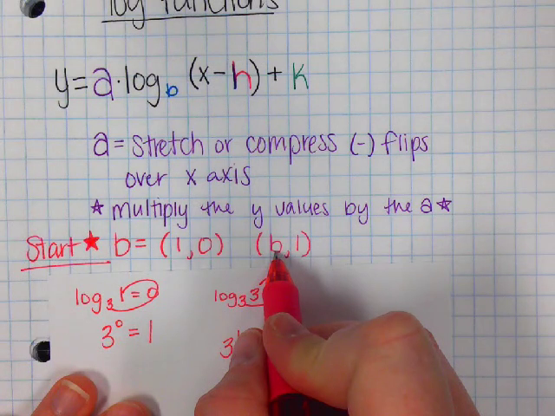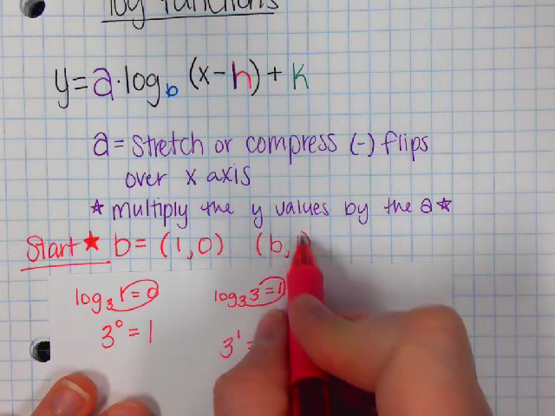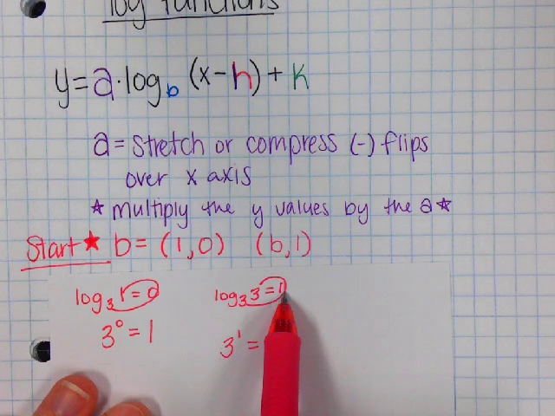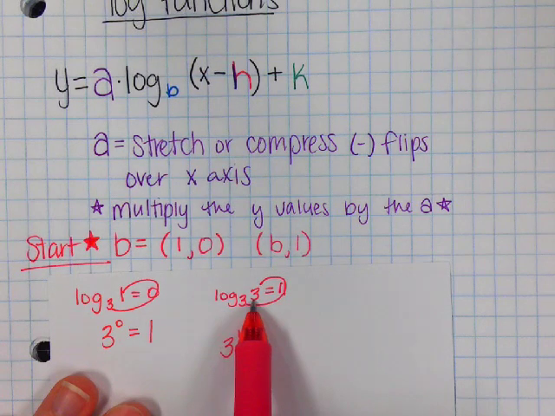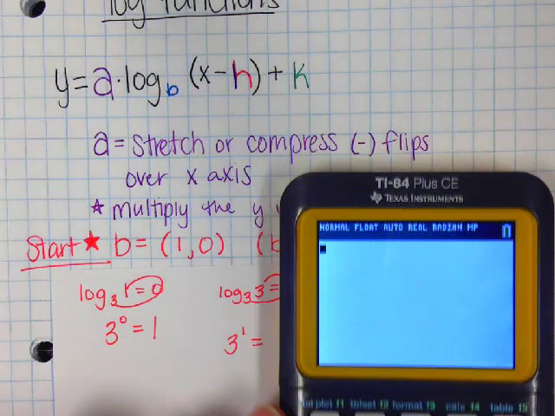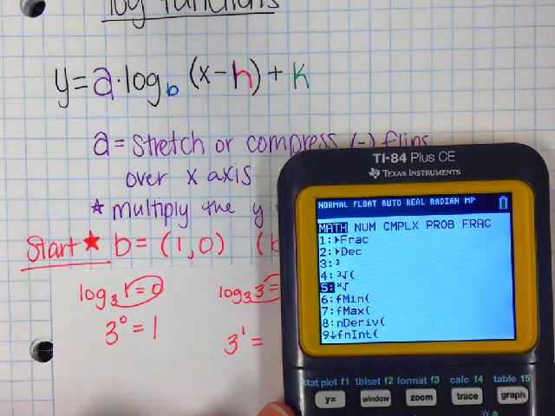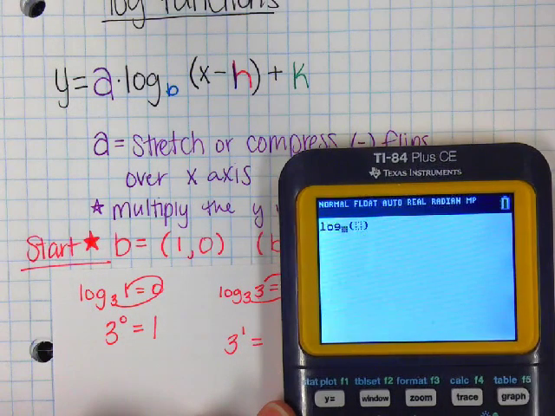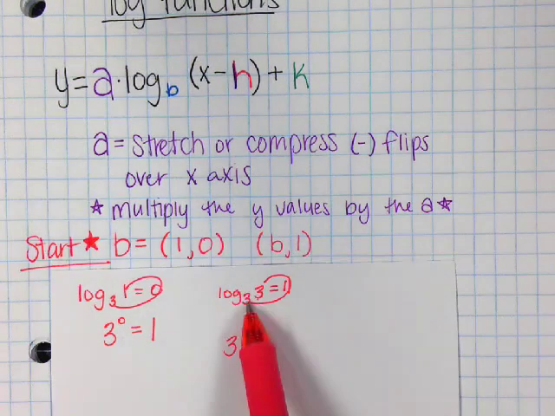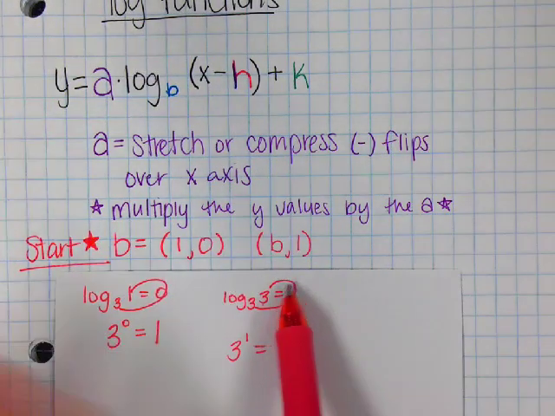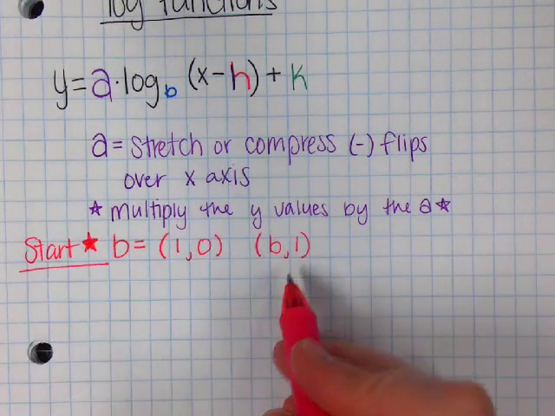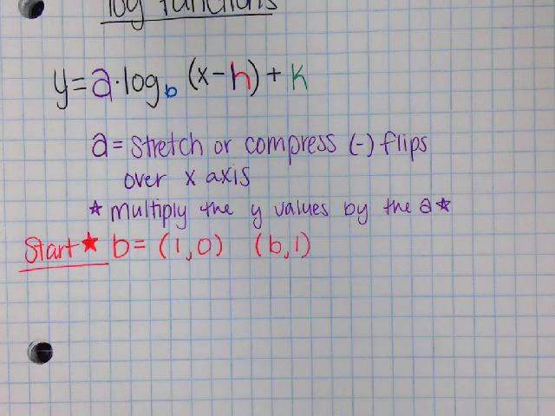So for the second point that you're able to identify, we know a number raised to the first power is just that number. If you type in log base 3 of 3, it gives you 1. So anything raised to the first power is always that number. So 3 to the first is 3. Okay.